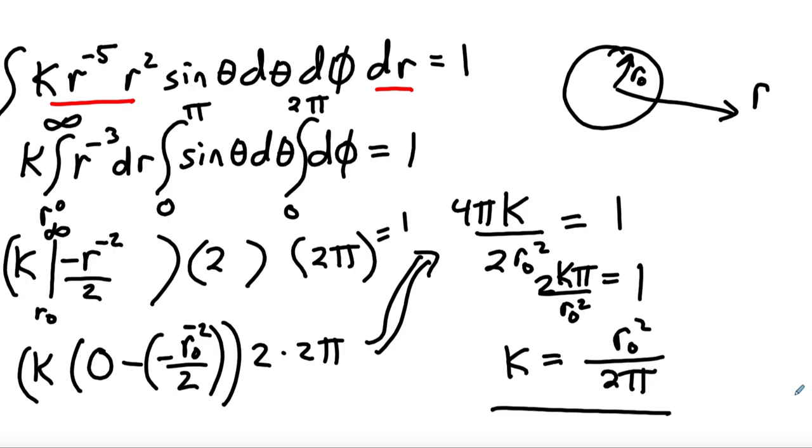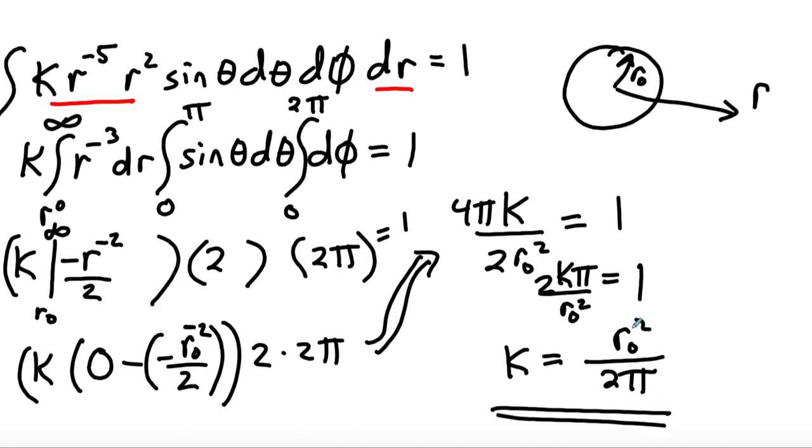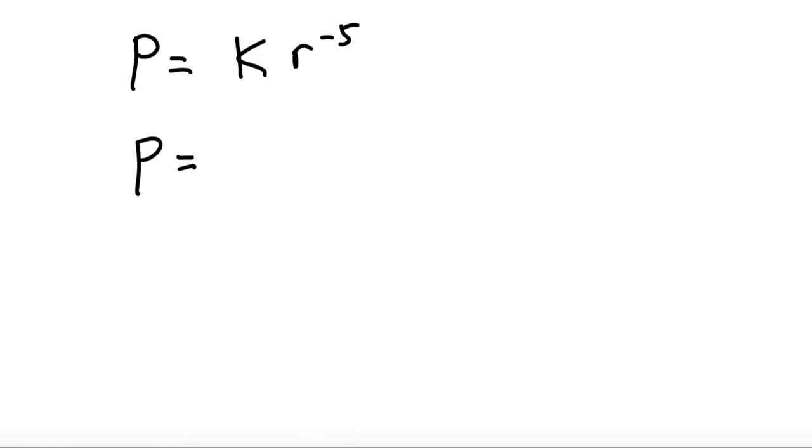With this value for k, we can write what we call a normalized probability distribution function. Before, we had p equal to k r to the negative 5th, where k was some undetermined constant. Now we know the value of k, that it's r0 squared over 2 pi.